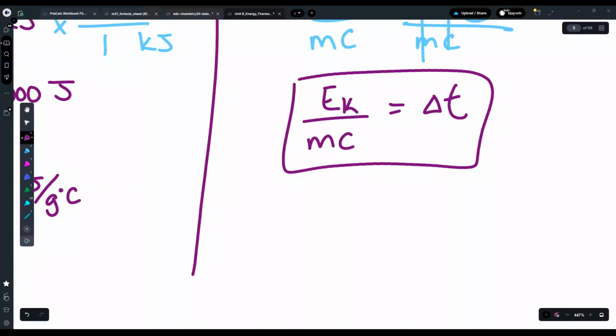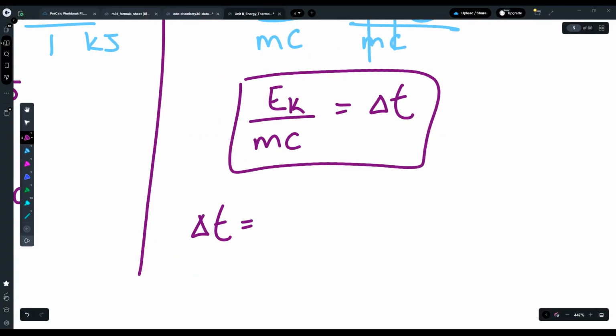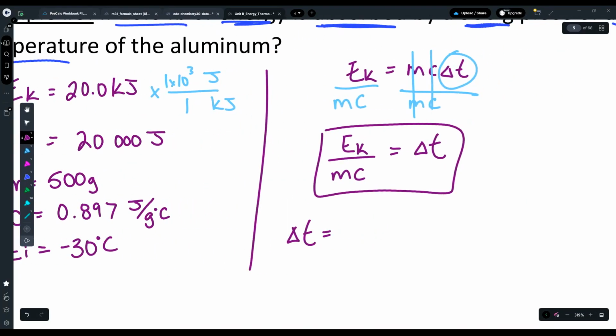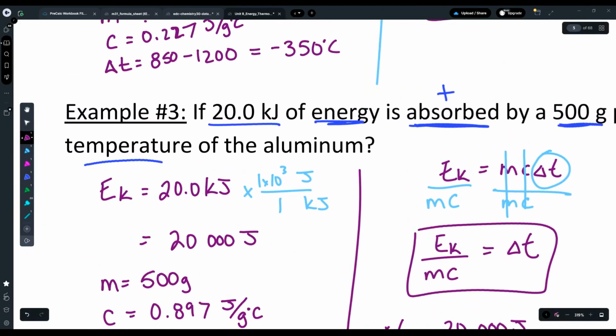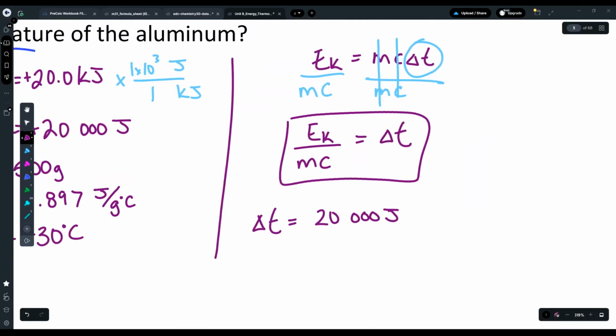So I'm going to switch this around and let's plug in some numbers. So 20,000 joules for energy. Keep in mind, I mentioned this up here: this is a positive 20,000 because the energy was absorbed. So whatever you do, don't forget about your sign for energy because that can make a big difference.